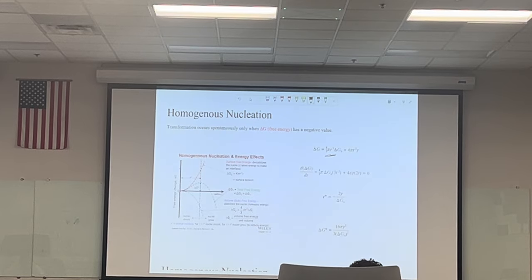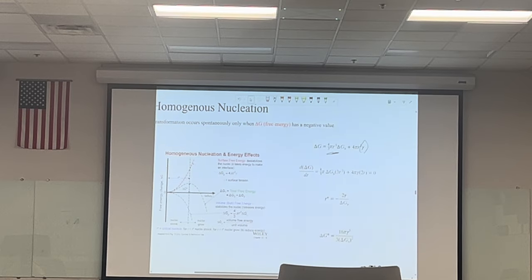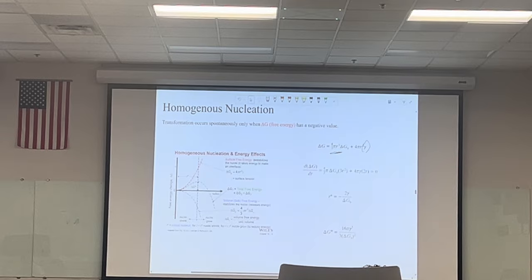The second term is about the surface energy. Again, we are multiplying the surface area of a sphere by gamma, which is the surface energy. So this is our delta G. And we have this delta G as the green dashed line, which is the sum of these two terms.